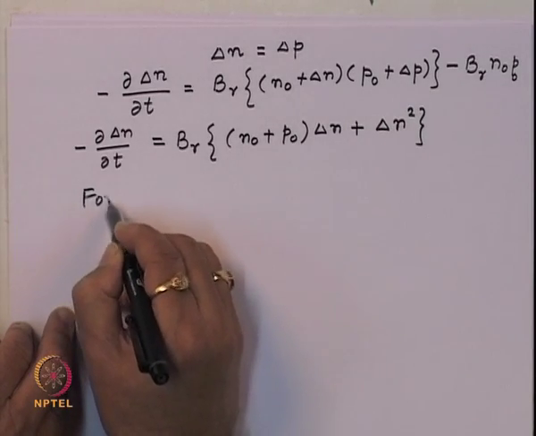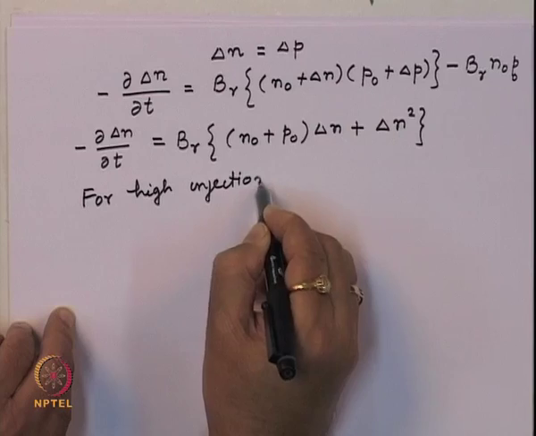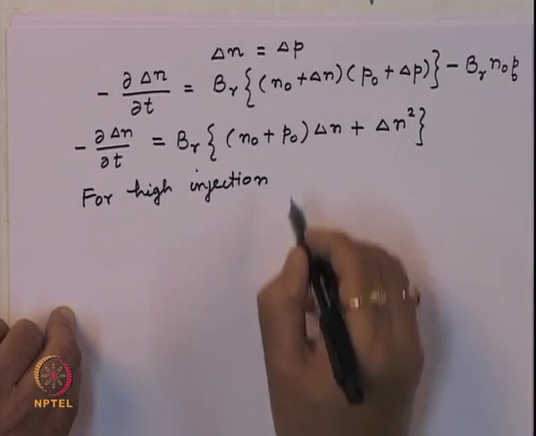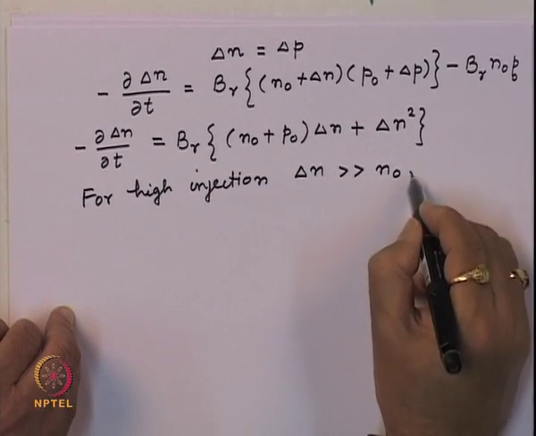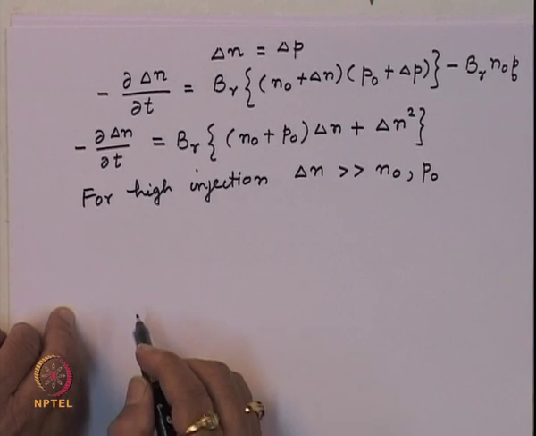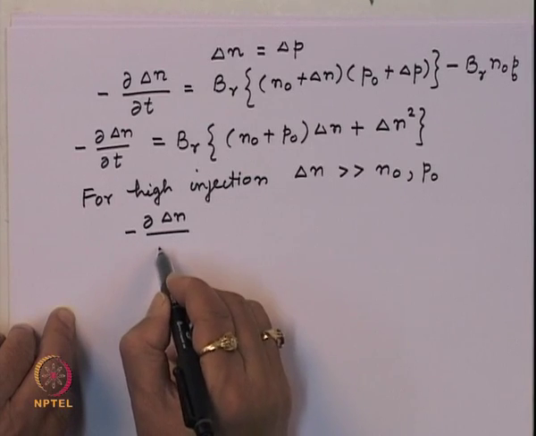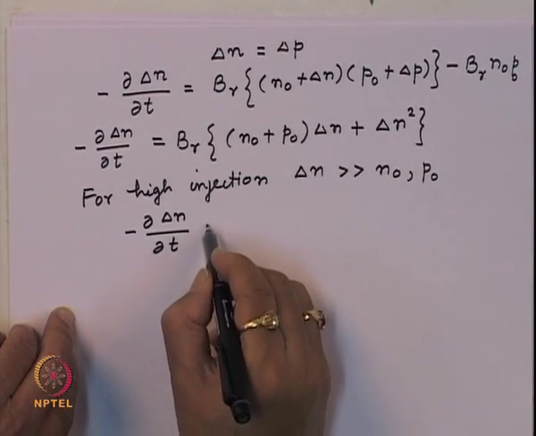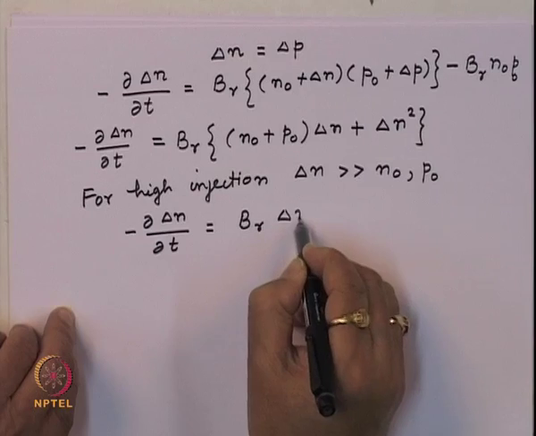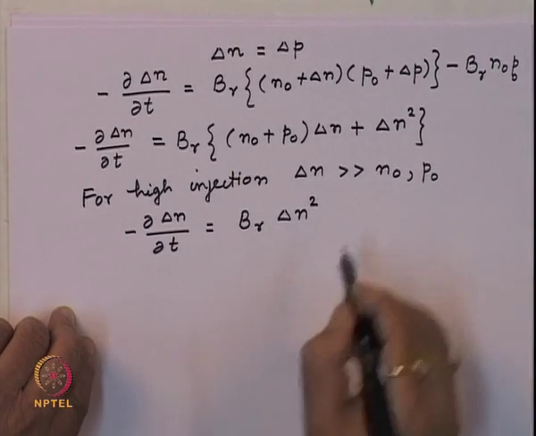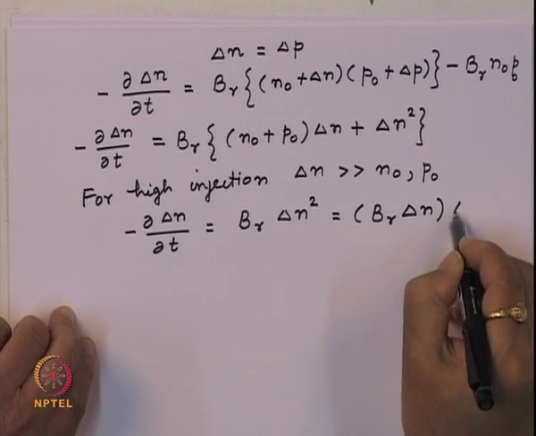So, we get for high injection, delta n is much larger than n0 or p0, and then you get the rate of decrease of the injected carriers equal to Br delta n square. We can write that as Br delta n times delta n.